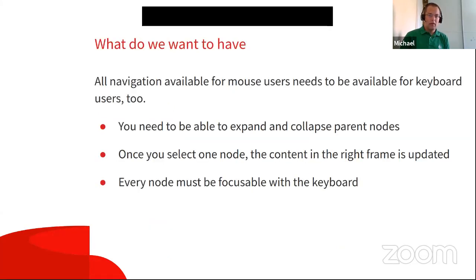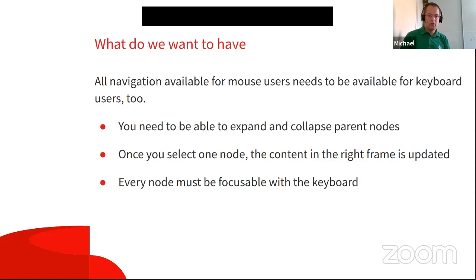What do we want to have? So all navigation available for mouse users needs to be available for keyboard users too. That sounds easy, but it is not that easy, because you need to be able to expand and collapse parent nodes.